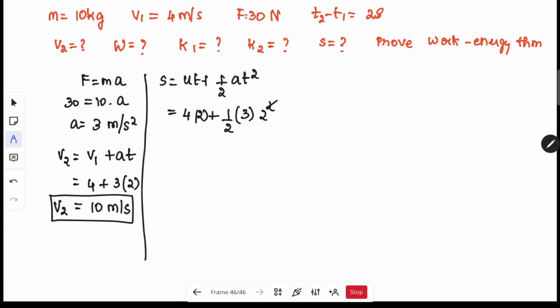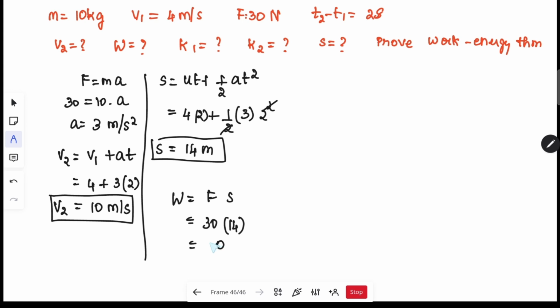So this is 4 twos are 8, 3 twos are 6, 8 plus 6, 14 meter. Next we know work is equal to force into distance. Force is 30, distance is 14. We get 4 3s are 12, so 420 joules. So this is work.